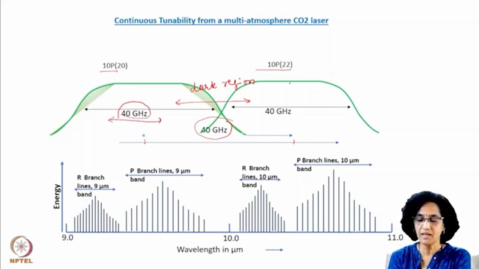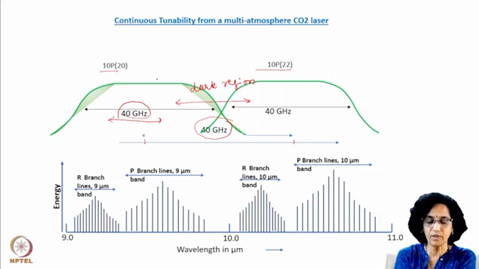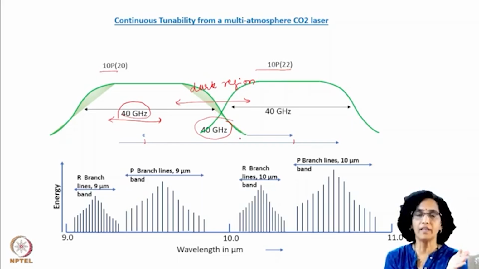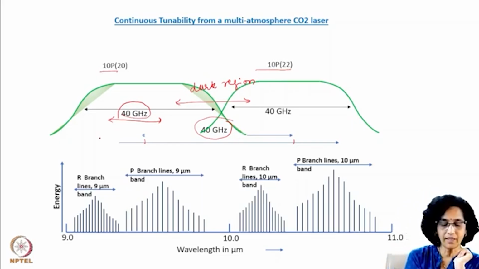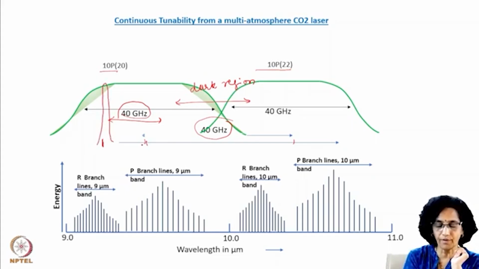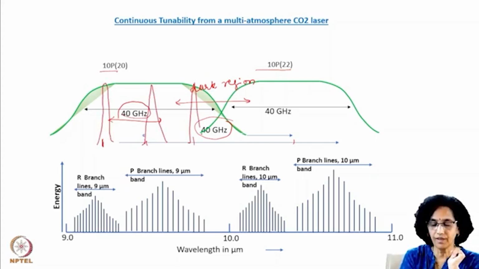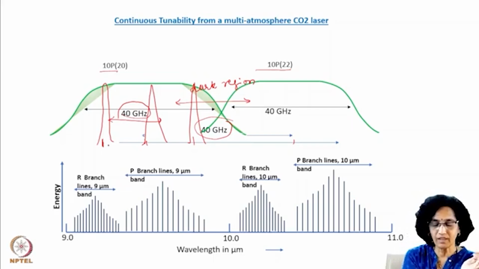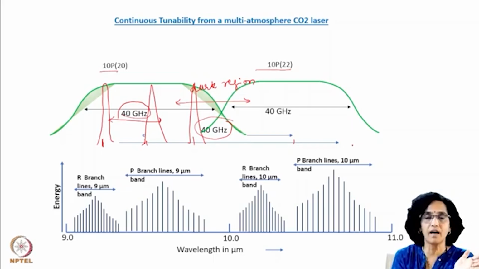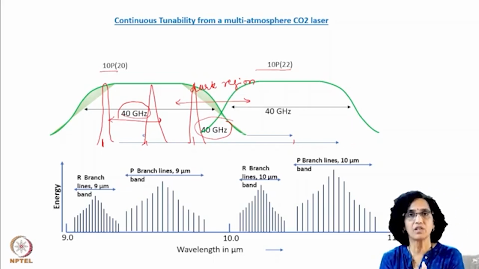So now you can see that 10P22 has merged with 10P20, and therefore if you have a grating tuned cavity where you are slowly tuning the grating, then you can allow the lasing here or here or here, anywhere, by simply tuning the grating, and therefore you can cover the dark region between the rotational levels also.